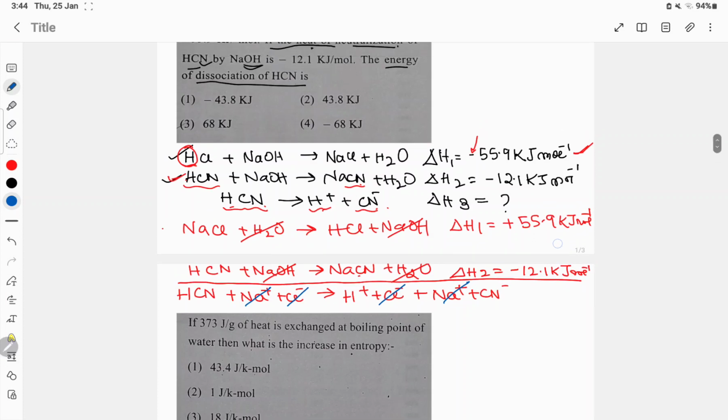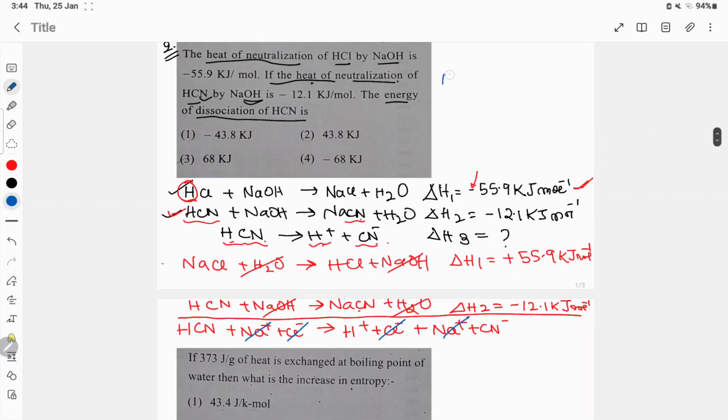So lastly, I get here HCN gives H plus and CN minus. So this is the required equation, which is obtained by reversing the first equation and then adding to the second equation. Let's find the value here.